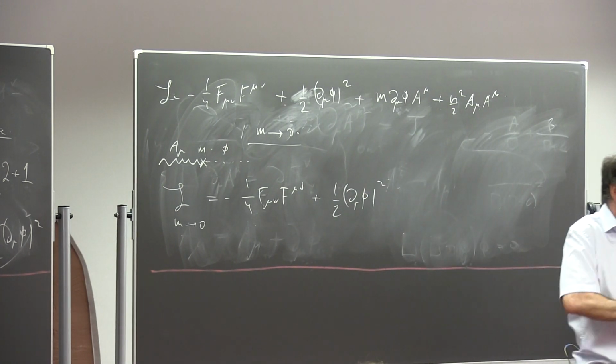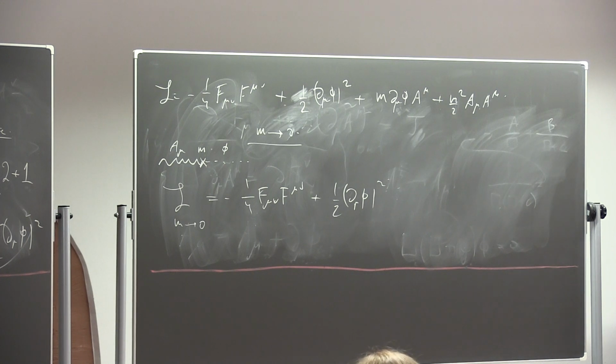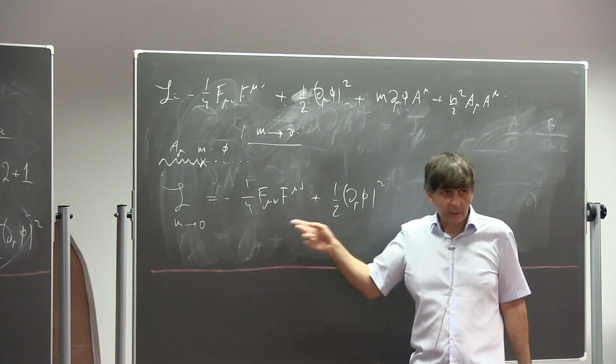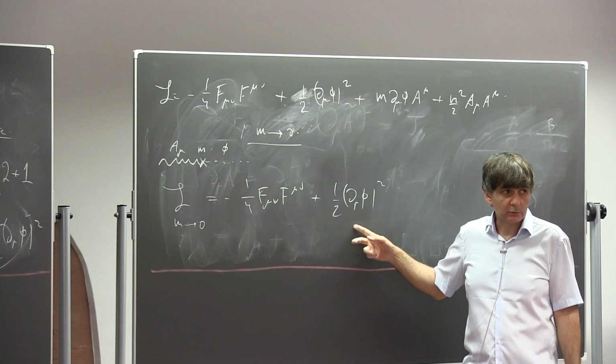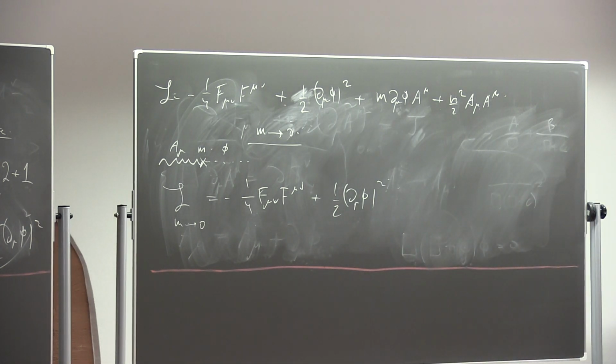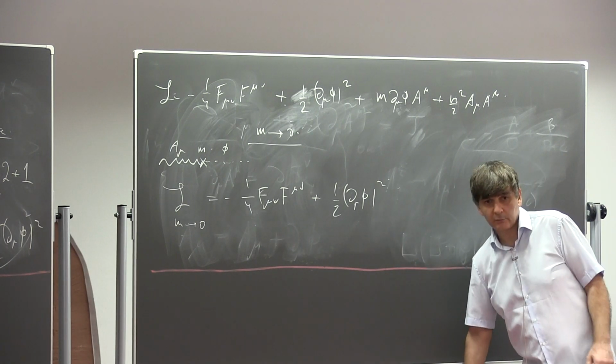Okay, so the scalar just decouples from the vector part, and of course you see that there is a discontinuity, because taking the limit of a massive theory when m goes to 0 does not give me back the theory of a massless photon. It gives me an additional degree of freedom.